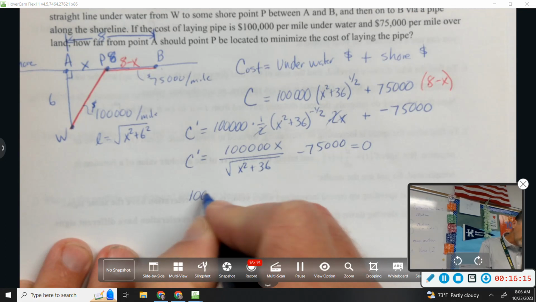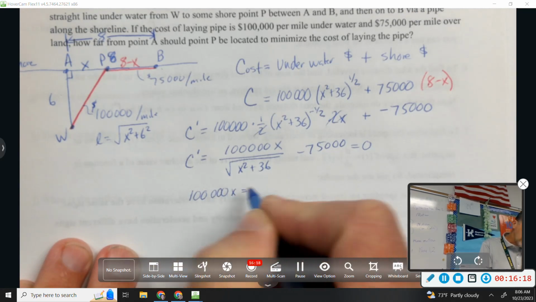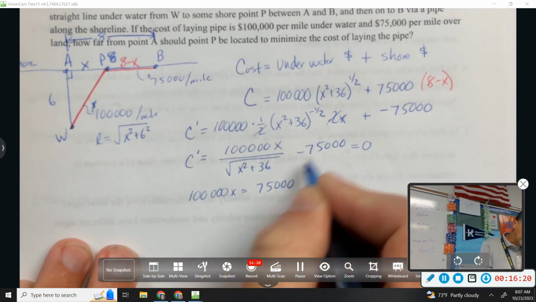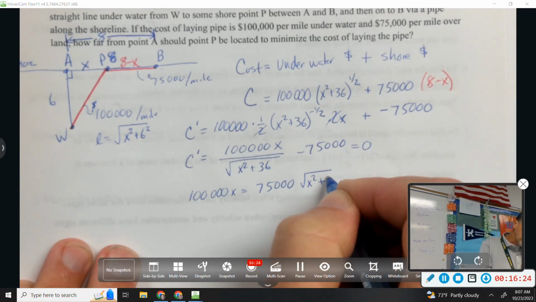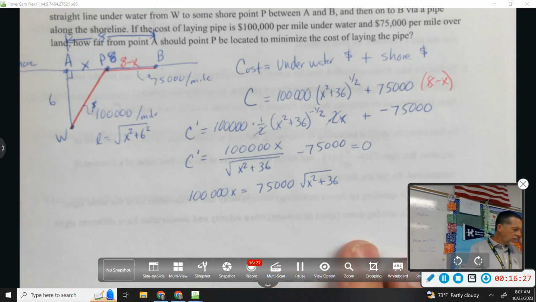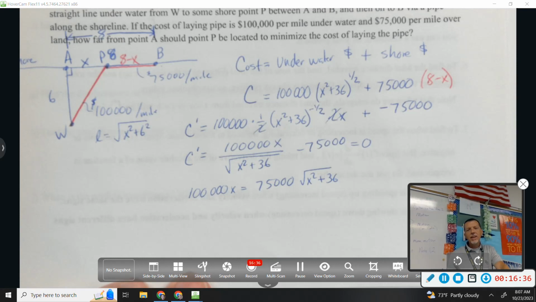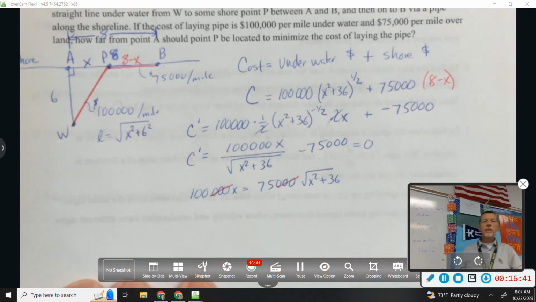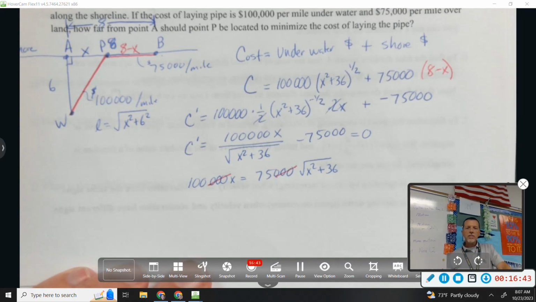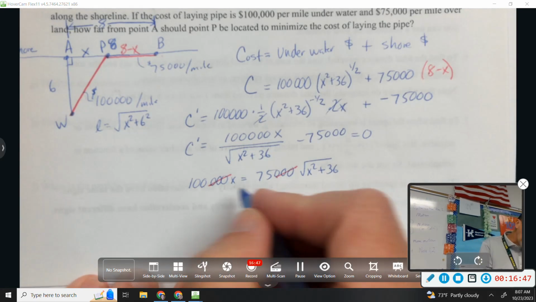So how much can I do at once here? Move the 75,000 over and multiply by x squared plus 36. This is ugly. Well, let's just wipe out the thousands to start with. Divide both sides by 1,000. I think then I would divide by 75.